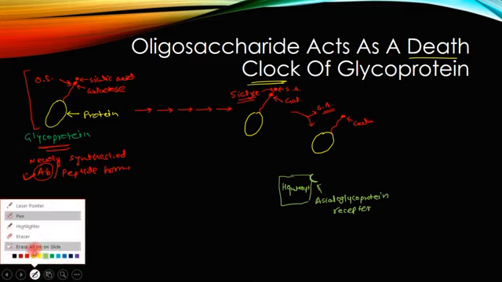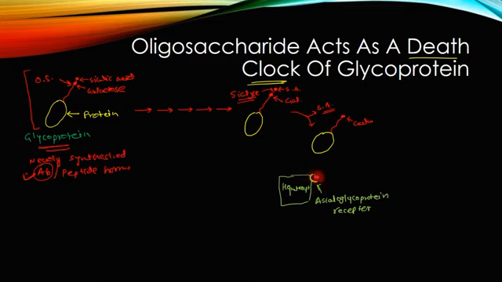So this galactose, which is now exposed on the old senescent glycoprotein, binds with this asialoglycoprotein receptor. Once the glycoprotein is bound to the receptor on the hepatocyte, endocytosis occurs. It then binds with the lysosome, and the destruction of the particular glycoprotein occurs.